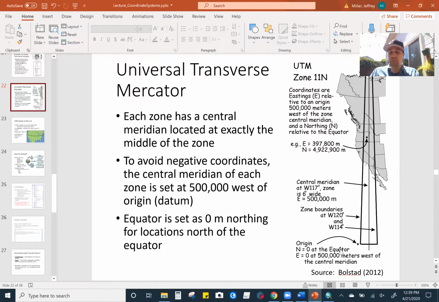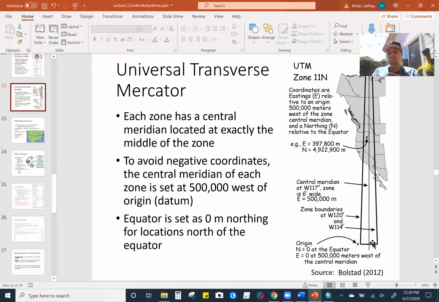The origin is actually offset to the south and to the west of the central meridian. That's important because with UTM, the idea is to never have a negative coordinate value. The only way to have that is to have the 0, 0 down at the very bottom corner.